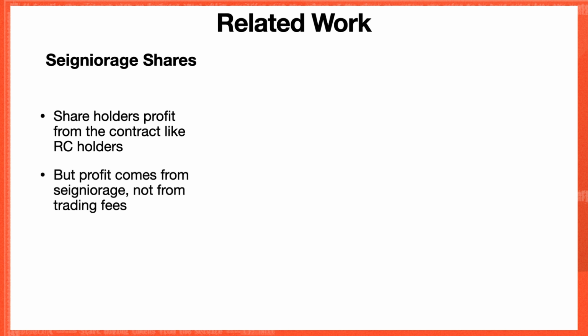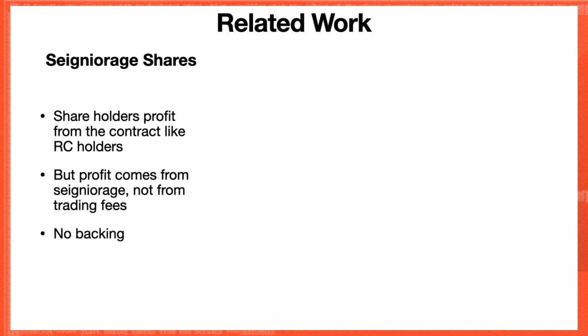So there are some similarities with ours, right? In seigniorage shares, the shareholders profit from the contract, like the reserve coin holders profit in our case. One difference is that in their case, profit comes from seigniorage, and in our case, it comes from trading fees.